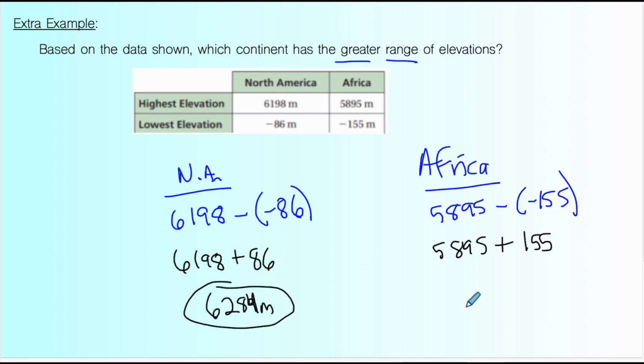And over here in Africa, the spread from the lowest elevation to the highest elevation is 6,050 meters. So which one has a greater range of elevations? By a little over 200 meters, it would be North America. North America is greater in range of elevations than Africa is, based on this data.